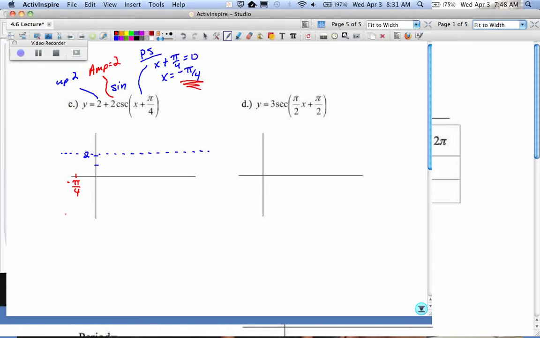So we're going to go up from the midline 2 more, so we'll go up to 4 and down to 0. Sometimes people put a dotted line at the maximum and minimum across also to help make sure you fit in there. Anything else?